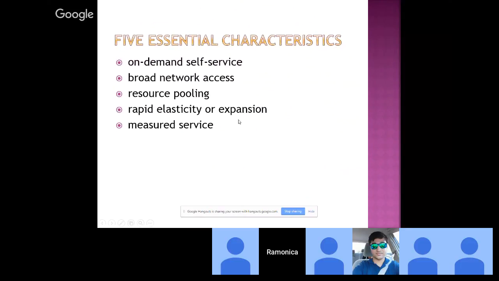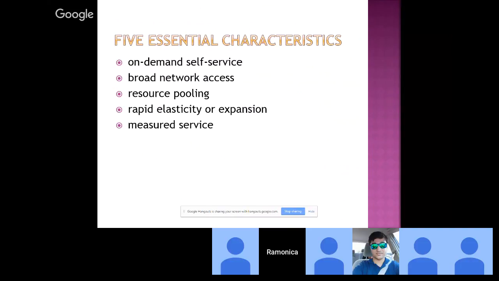They list 5 essential characteristics of cloud computing. On-demand self-service allows clients the ability to access cloud resources at any given time without service provider involvement. Broad network access allows a variety of client platforms to access the cloud via a network.